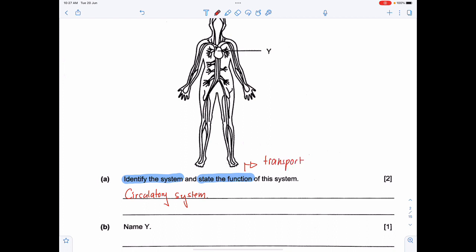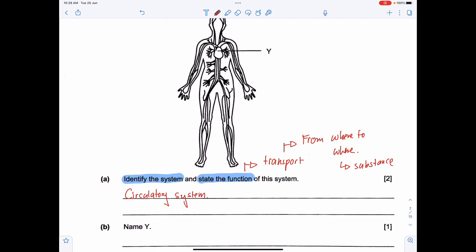Wherever we have a system that has a transport function, it is very important that we always talk about from where to where, and also what is the substance that it is transporting. So we have to talk about these two things.